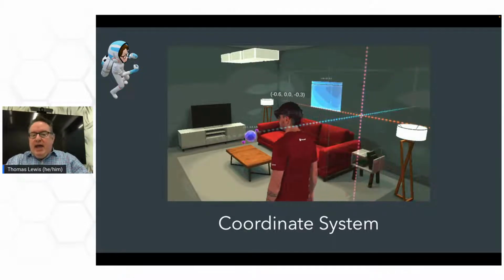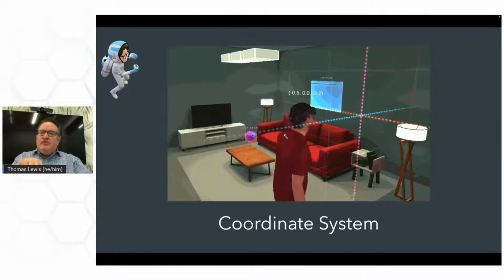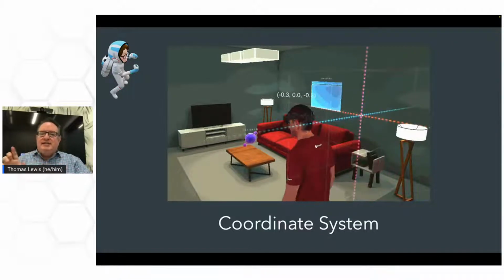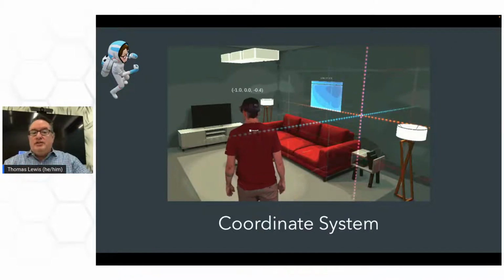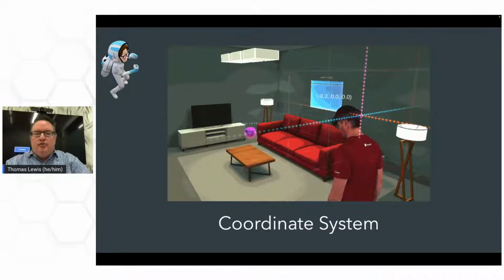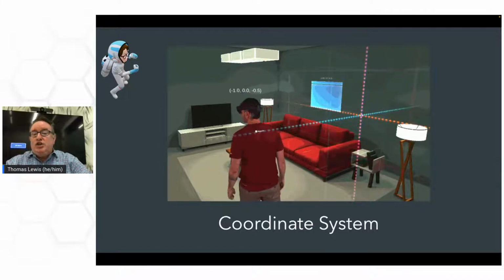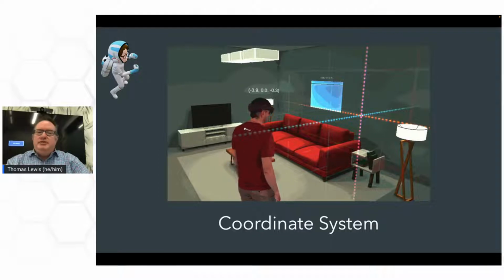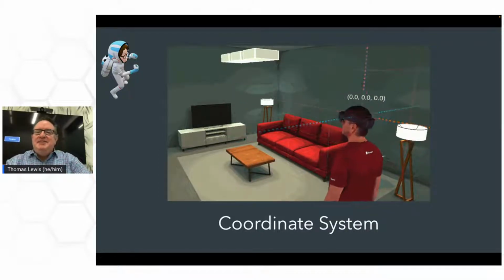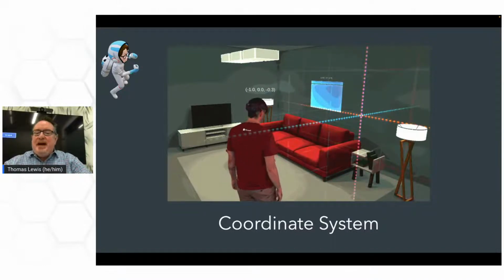So where you would think, hey, I perfectly put it at this spot on the table, it may over time move a bit, depending on how the coordinate systems are connected together and some of the work that you can do there. But the coordinate system is very helpful for you because this is going to dictate where things are. Also, it's done in meters. So for those of us in the U.S., we're going to have to get a little more familiar with the metric system, which I honestly don't think is necessarily a bad thing.